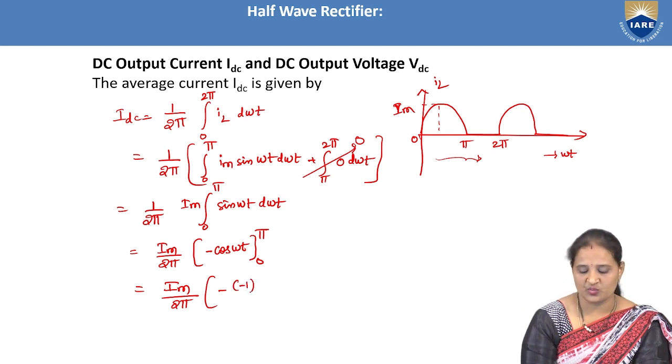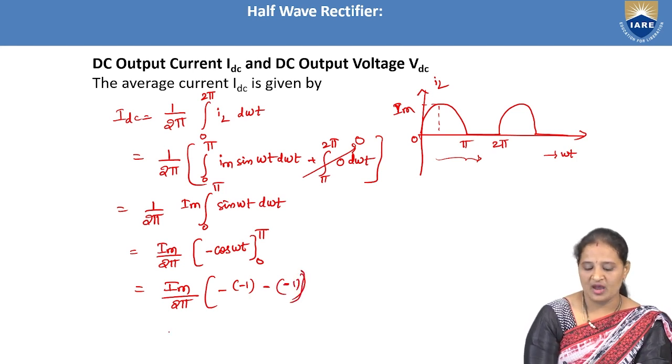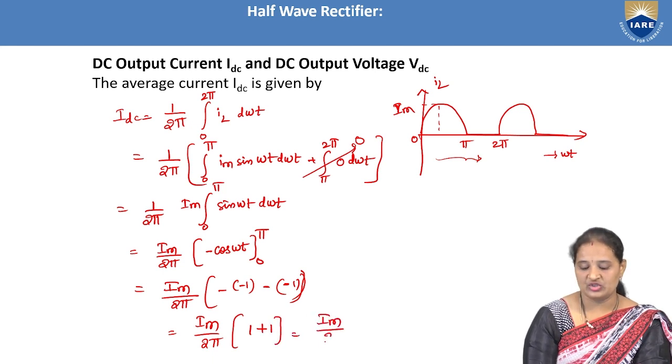So it is minus of minus 1, minus of minus cos 0, which is 1. Now this becomes Im by 2 pi times plus 1 and plus 1. So it is Im by 2 pi into 2. The 2 gets cancelled. So that is Im by pi.